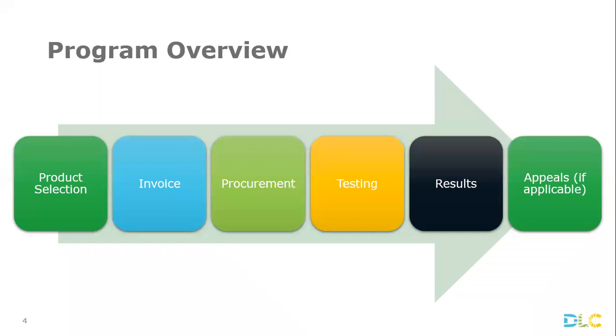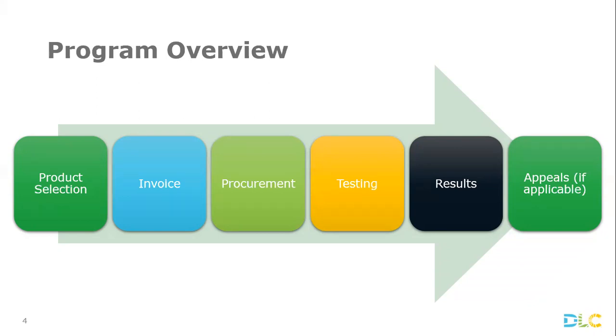Once you accept testing, if you choose to move forward with testing, you will be put into invoice, and you'll receive an invoice for testing. Once that is paid, you will then receive information on where to ship the product, procurement information. All of those documents will come to you once the invoice has been confirmed as paid. We don't give out any location information until after that.